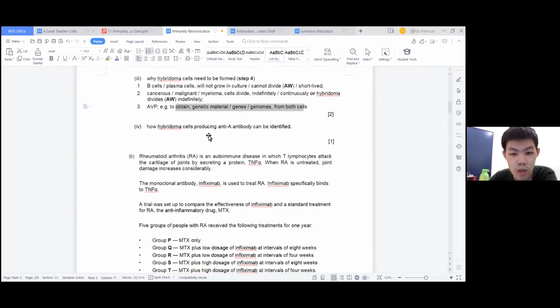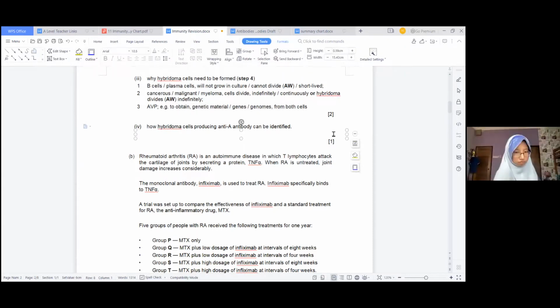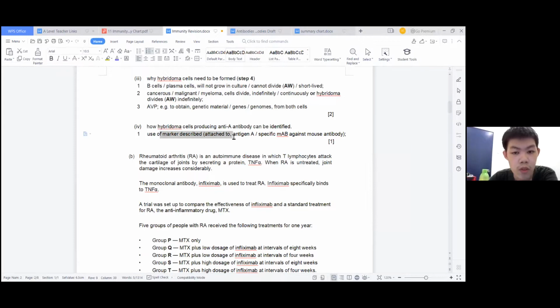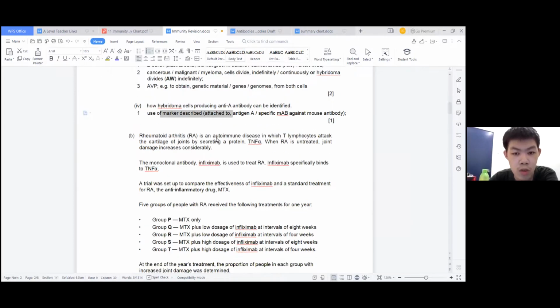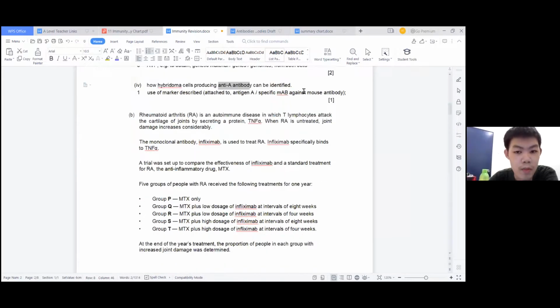How can hybridoma cells producing anti-A antibody be identified? You use a marker, which is the antigen A that is injected in the mouse. If the antibody can bind to this antigen A, agglutination or precipitation occurs, you can see it, and then you can identify which one is anti-A antibody.